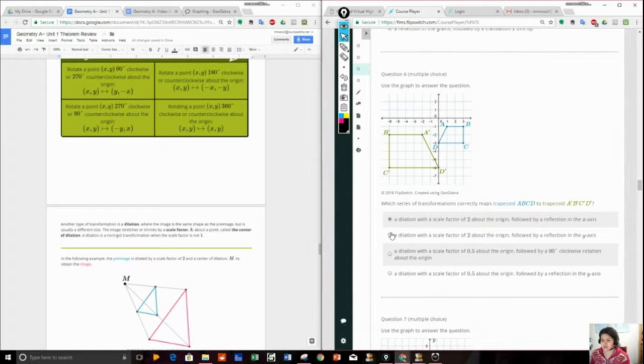So now let's try the other one. A dilation with a scale factor of 2 about the origin, followed by a reflection in the y-axis. Again, I can visualize it a lot better when I do the reflection on the y-axis on the graph versus just mapping it out in function form. So I'm going to do the function form for the dilation of a scale factor.